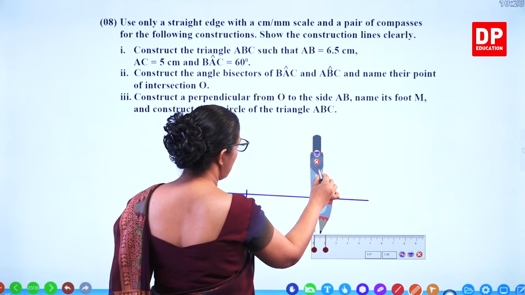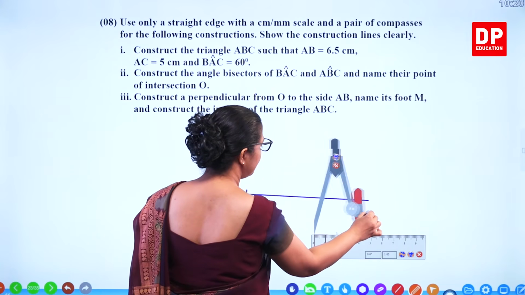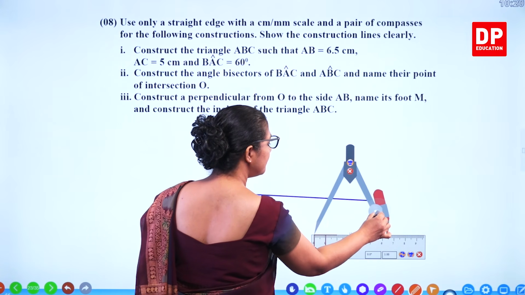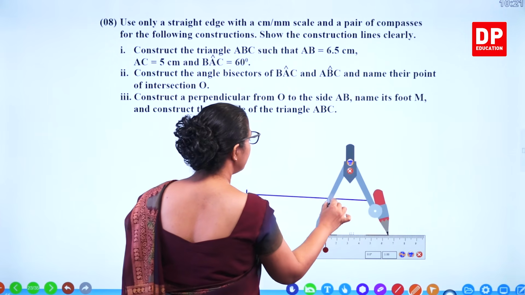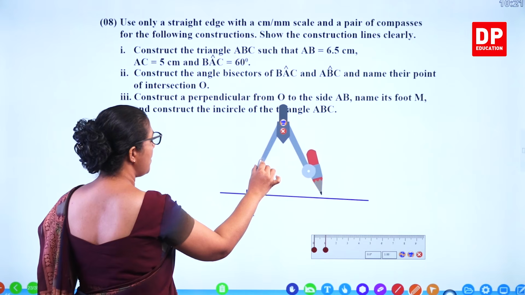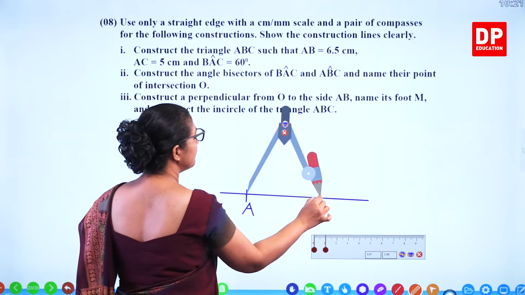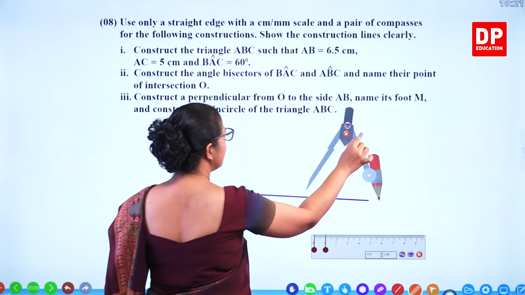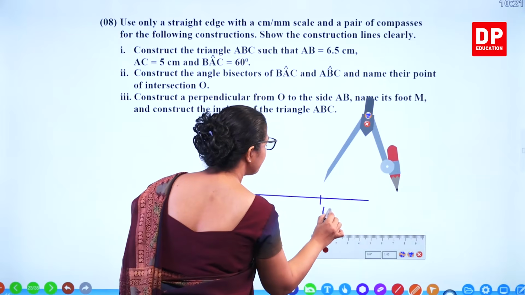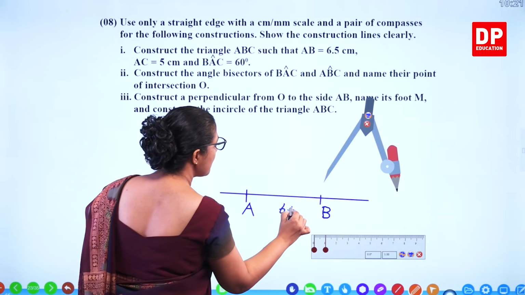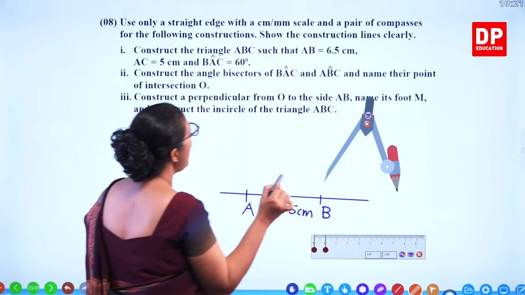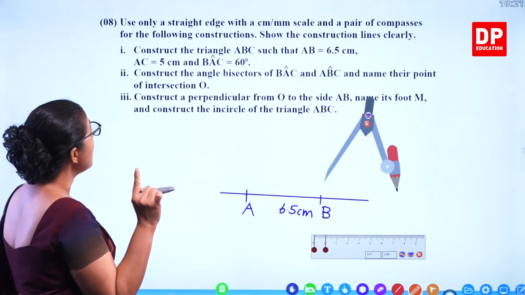So we'll first measure 6.5 length, and you can mark the point B. That's B, 6.5 centimeters.